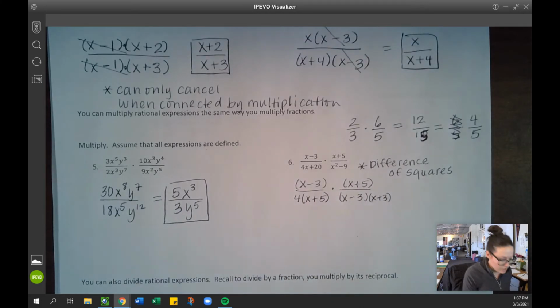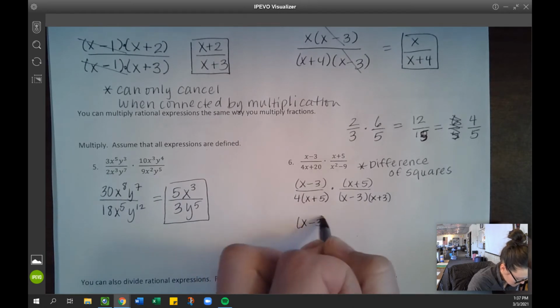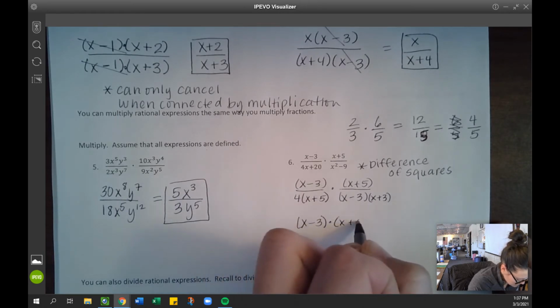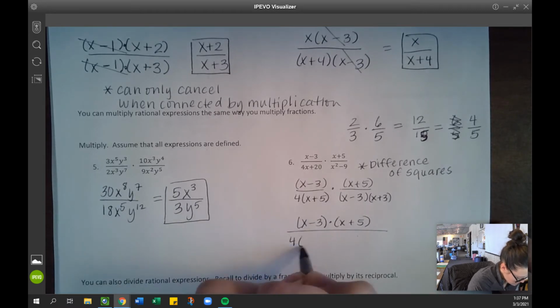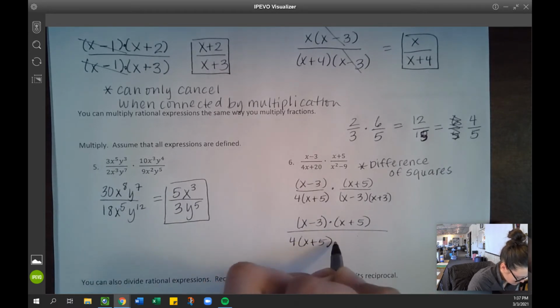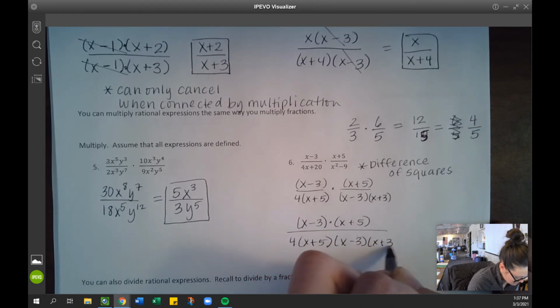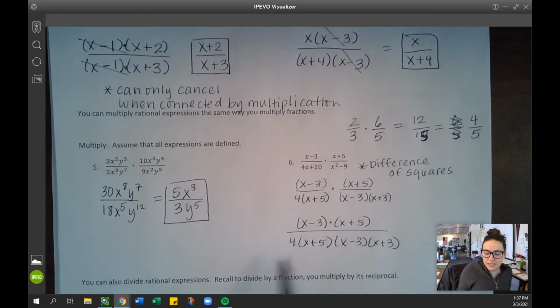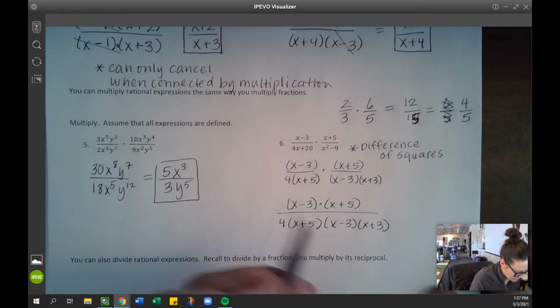Okay, so I'm going to multiply these together. Multiply straight across. So I have x minus 3 times x plus 5. And then on the bottom, I have 4 times x plus 5 times x minus 3 times x plus 3. Everything is connected by multiplication, so I can go ahead and cancel out anything that both the top and the bottom have in common.